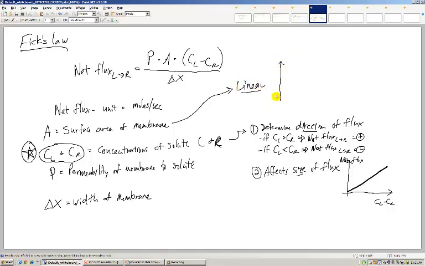Net flux versus A, you get a line. We're going to find that this is really important in the lungs. The surface area of exchange is going to be a really major factor in pulmonary physiology.